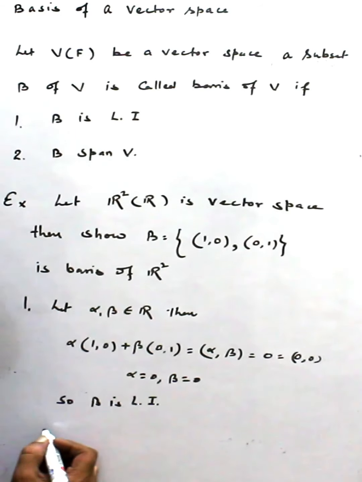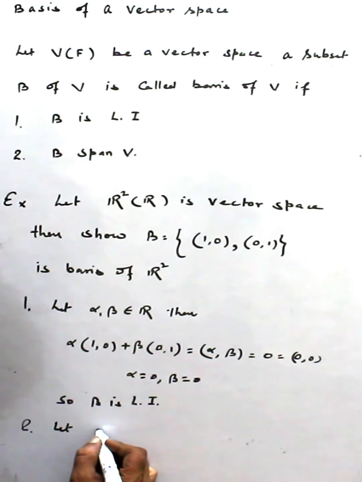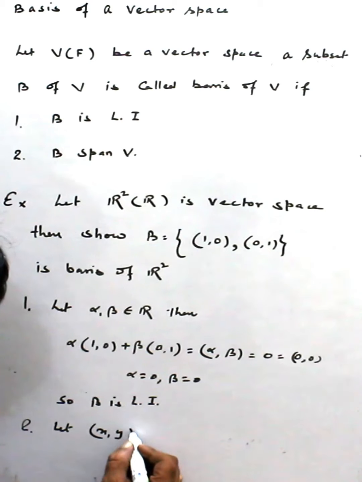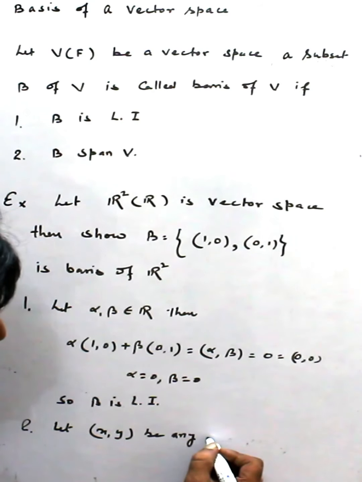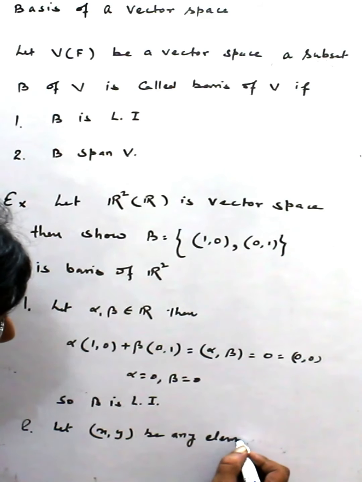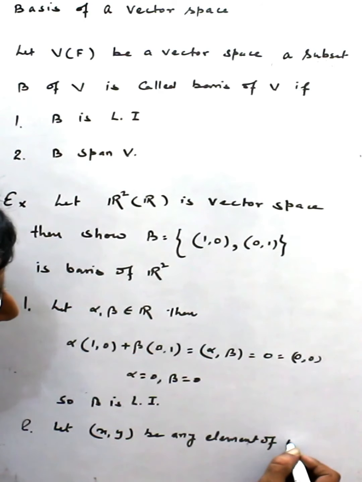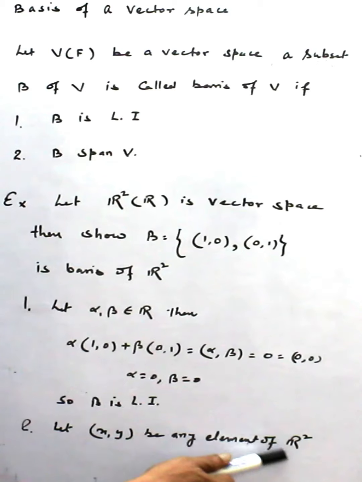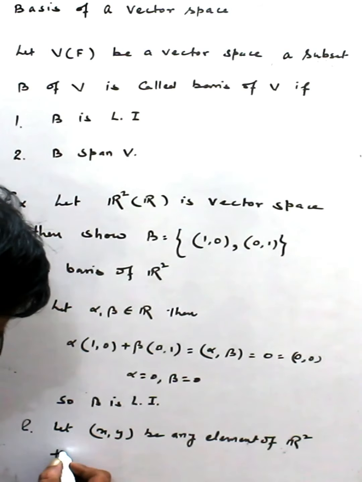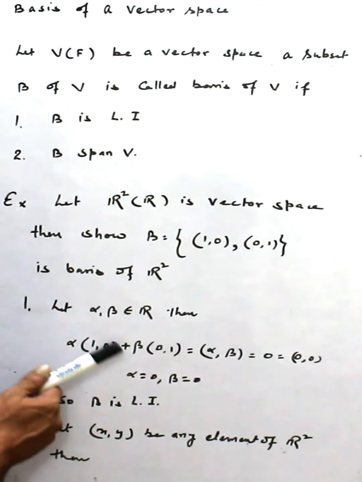Now the second, we show that B spans V. Second, let (X, Y) be any element of R square, because V is R square here. Then with the help of B, how can I write (X, Y)?